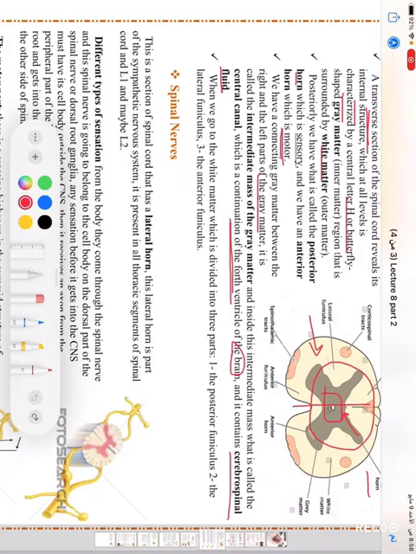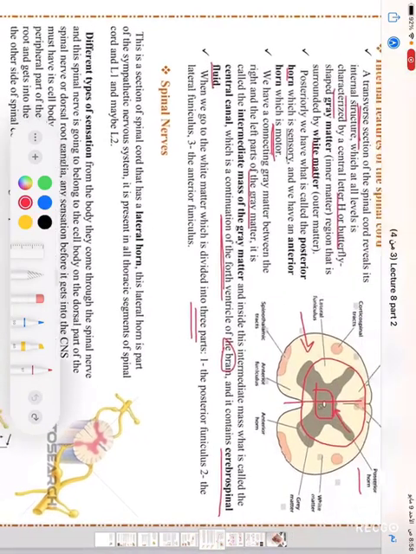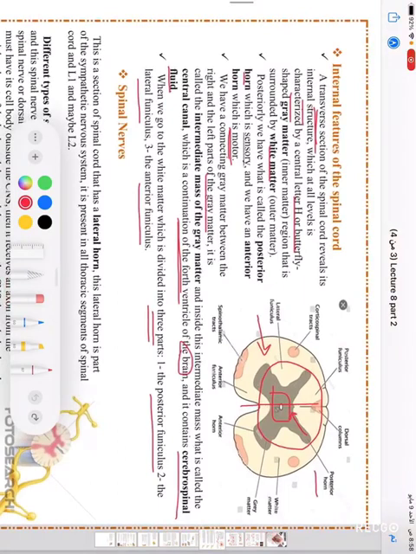When we go to the white matter, it is divided into three parts: the posterior funiculus, the lateral funiculus and the anterior funiculus.